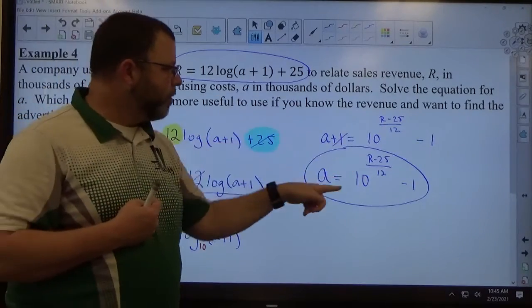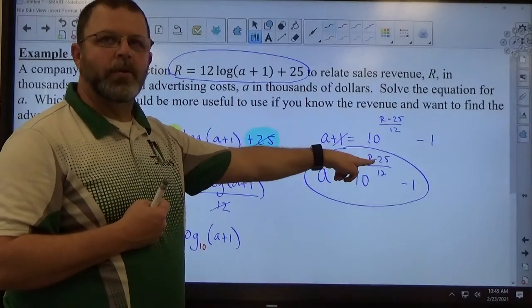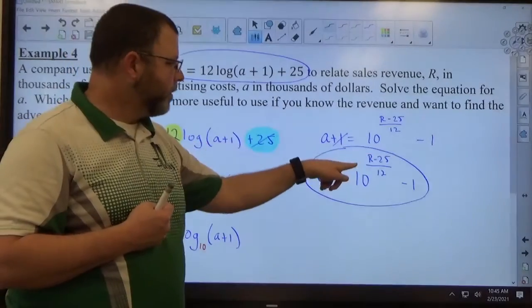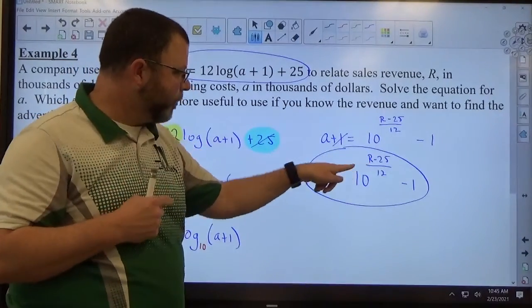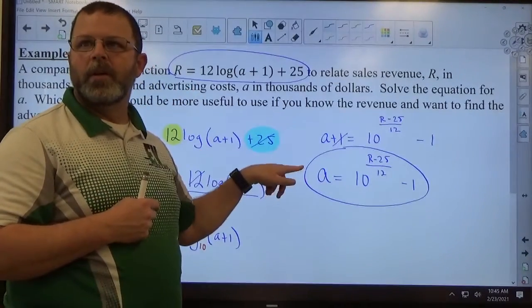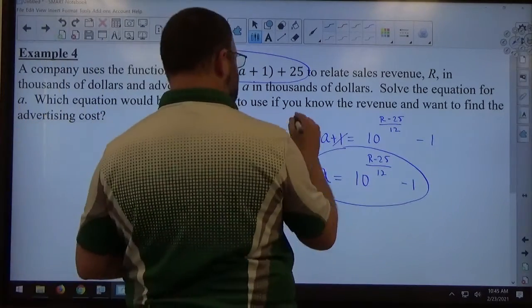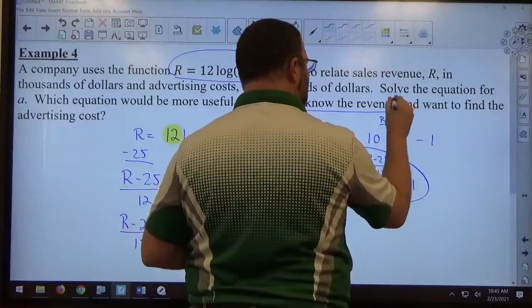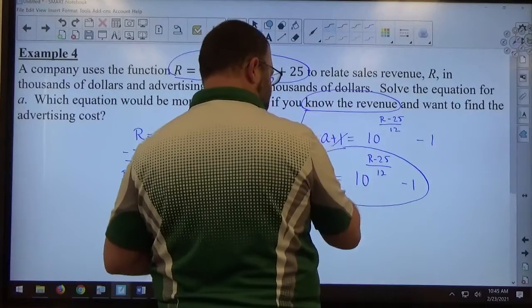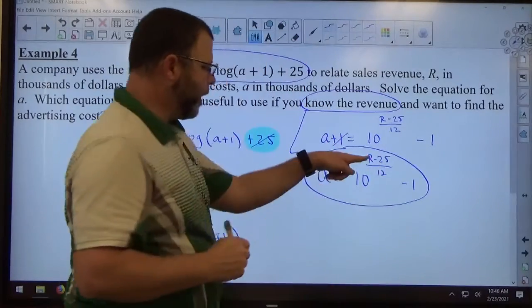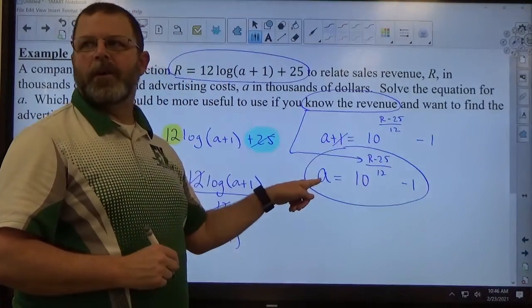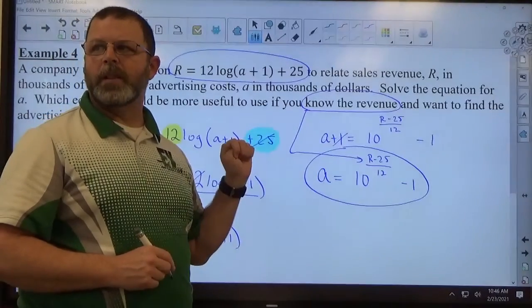If I have this function down here, if I know the revenue, and I substitute it into this expression, I can figure out the advertising cost. So which equation would be more useful if you know the revenue and want to find the advertising cost? If I know the revenue, I know r. It's already solved for a, just replace r right there.